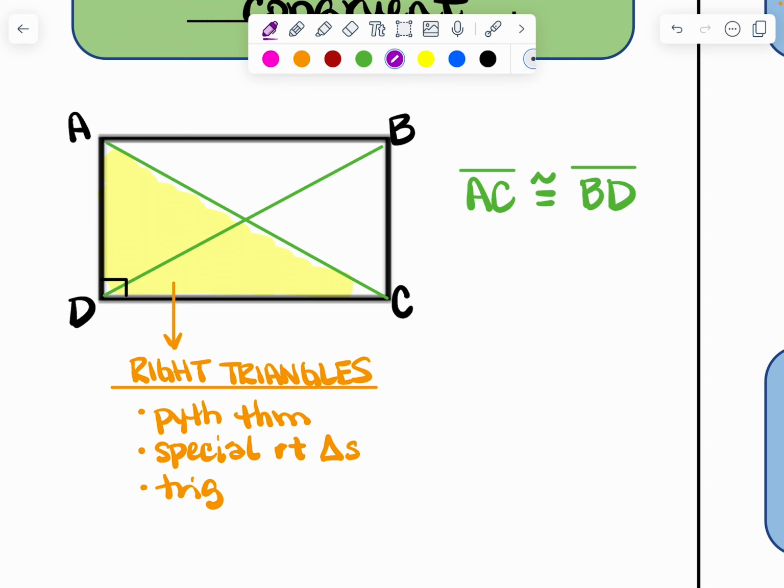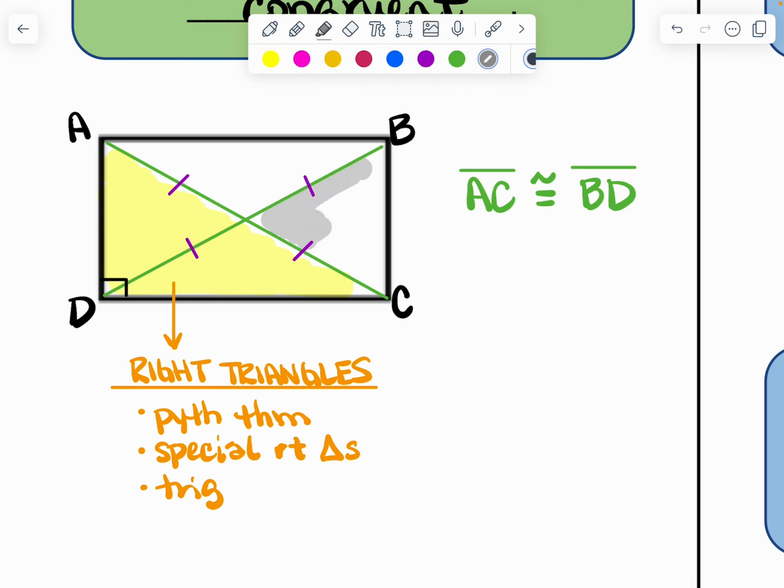All right, something else. We're not done. Something else we need to talk about with these diagonals. So not only are the diagonals congruent, but remember, it is a parallelogram, and the diagonals bisect each other. So if they bisect and they're congruent, that means the two halves are congruent because the diagonals bisect each other, and all four of those pieces are congruent.